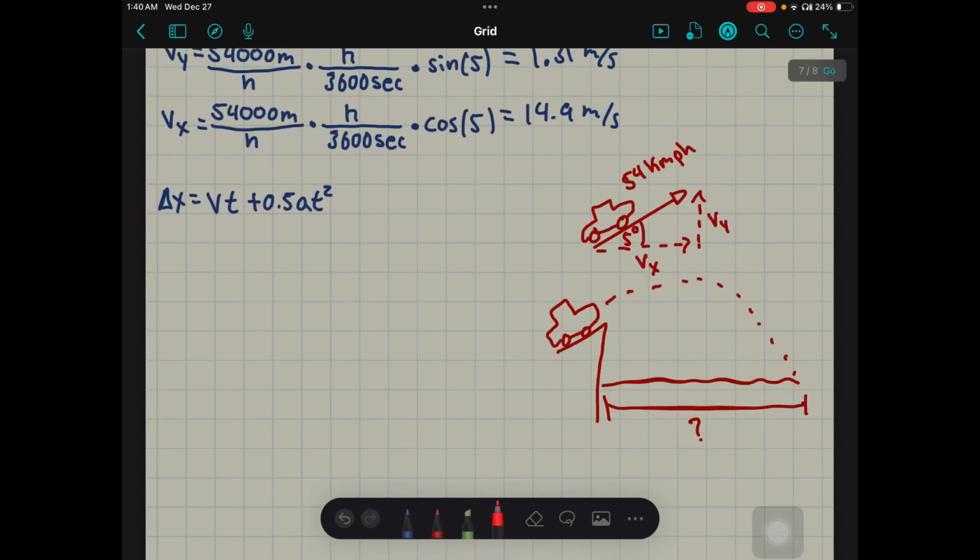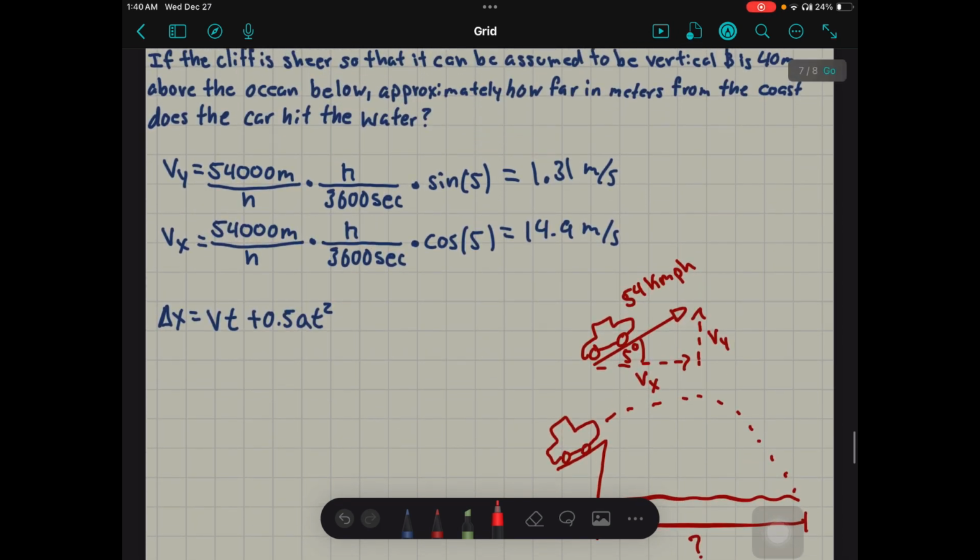What we have right now is this equation, and that equation is going to help us find time. So using our y components, we have the 1.31 meters per second.